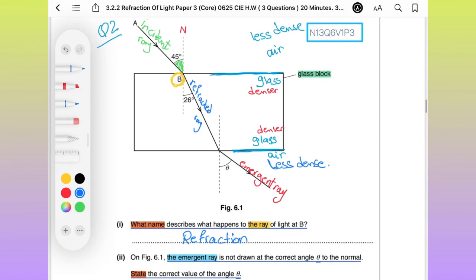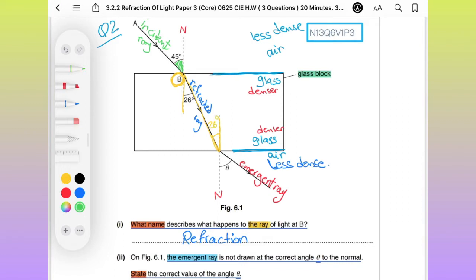Okay, here using your mathematical skills, these two normal lines are parallel to each other, so you can guess that these two lines, I will draw it for you, are parallel to each other, so you have here alternate angles 26, so this will be also 26.